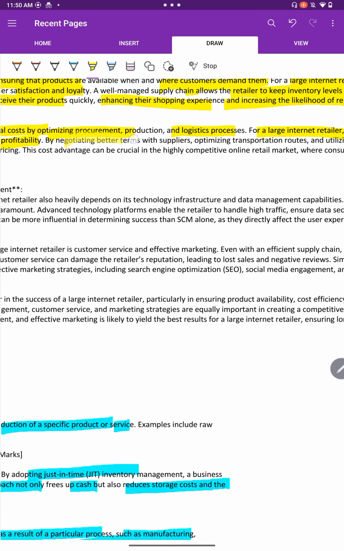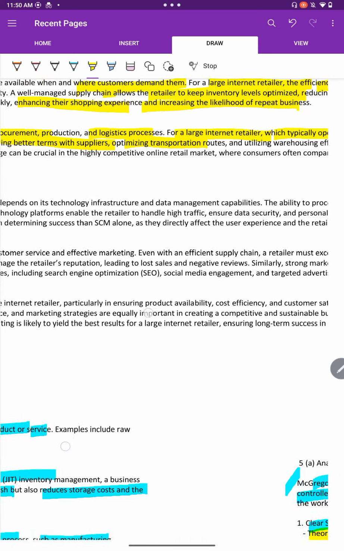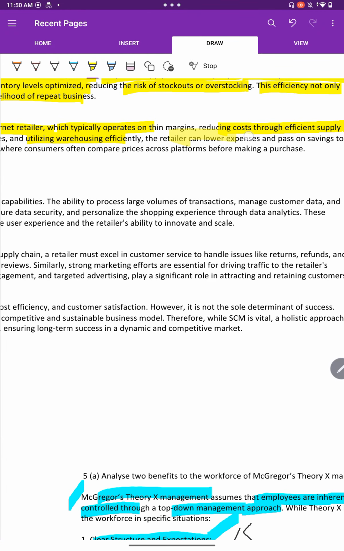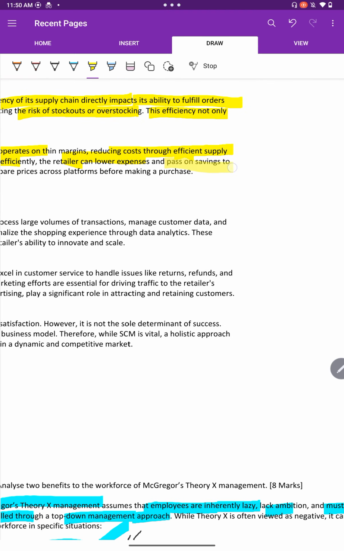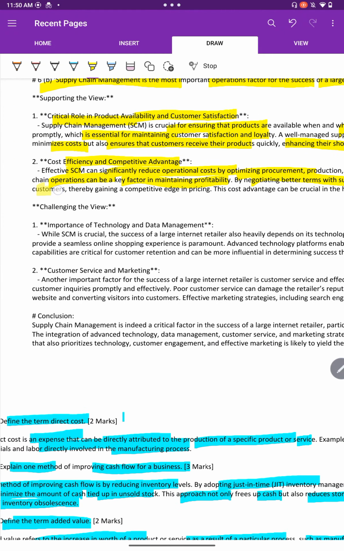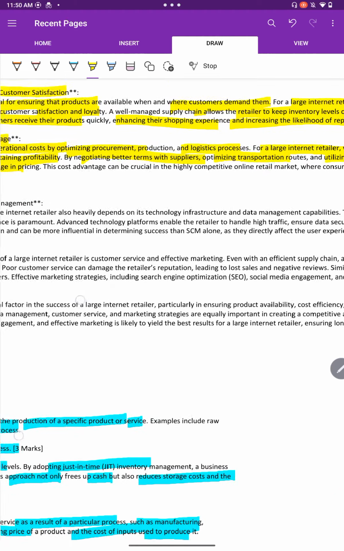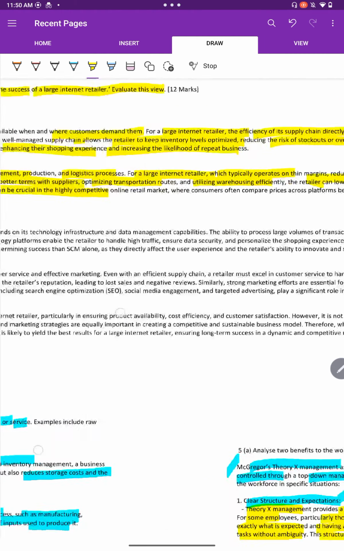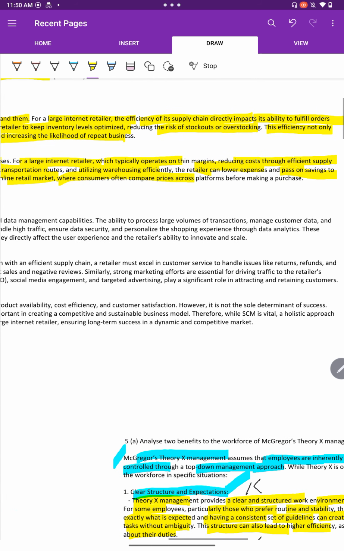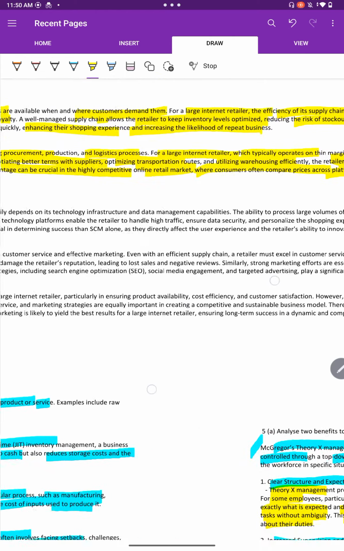By negotiating better terms with suppliers, optimizing transportation routes, and utilizing warehousing efficiently, the retailer can lower expenses and pass on savings to customers. It means in the form of reduced prices, thereby gaining a competitive edge in pricing. This cost advantage can be crucial in the highly competitive online market, where customers often compare prices across platforms before making a purchase. So these are the positive points on why supply chain management is important.